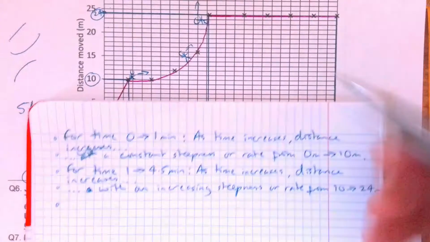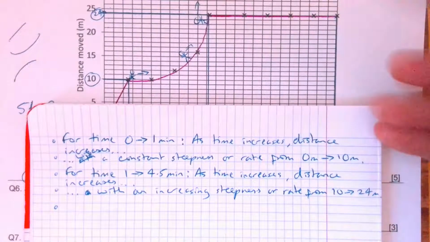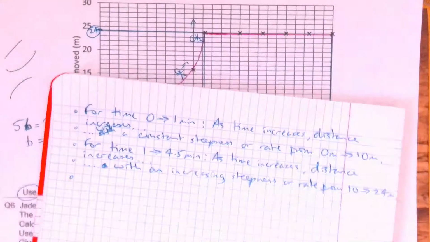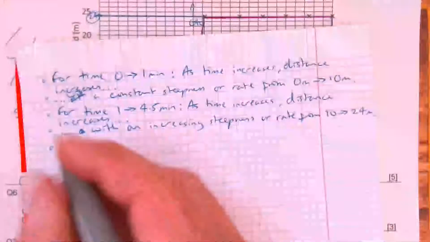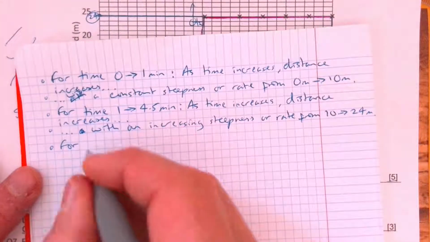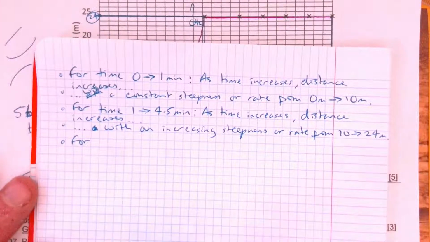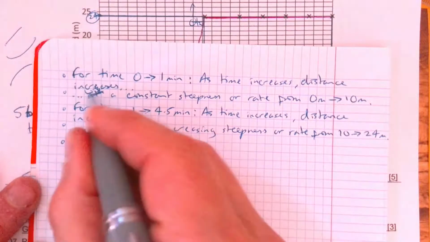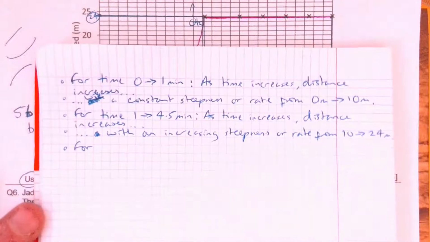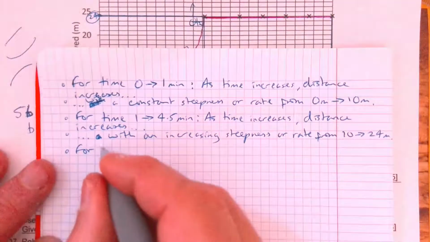And the very last bit is this bit here, the horizontal bit. So all I've got to do is talk about that, and that's from 4.5 to 10. Now you might get a little bit bored. You think each sentence looks quite similar, it's repeating, but that's fine. We've got a method that works, so we're just going to keep using it.